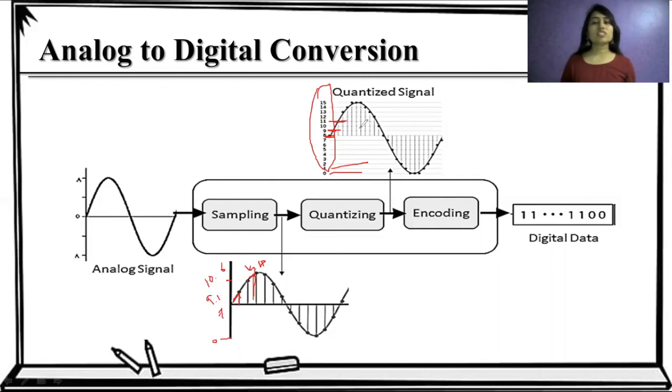So this rounded off quantized value can be converted into its equivalent digital form: after quantizing values into a finite number of discrete or integer values, each integer value can be converted into a binary representation, and we have digital information. So this is how we can convert analog information into digital form using sampling, quantizing and encoding.